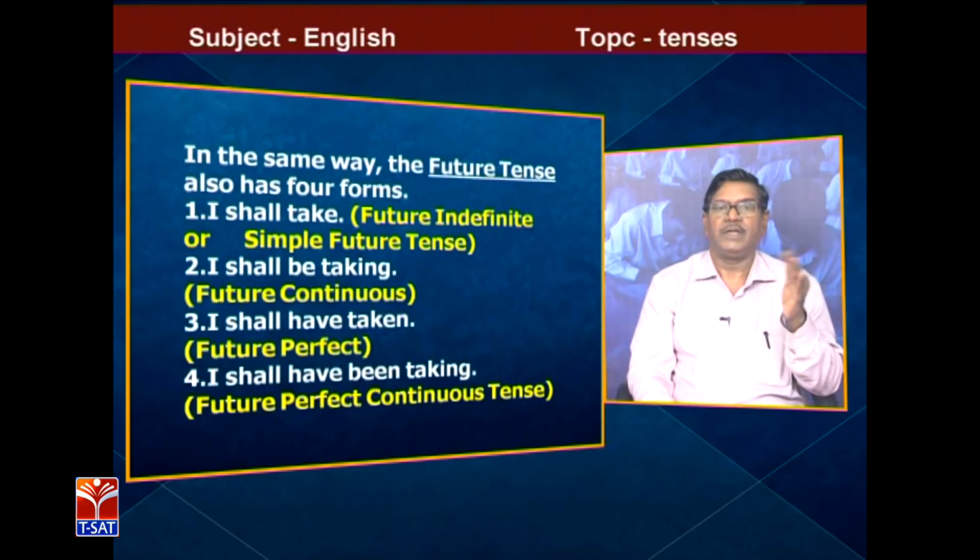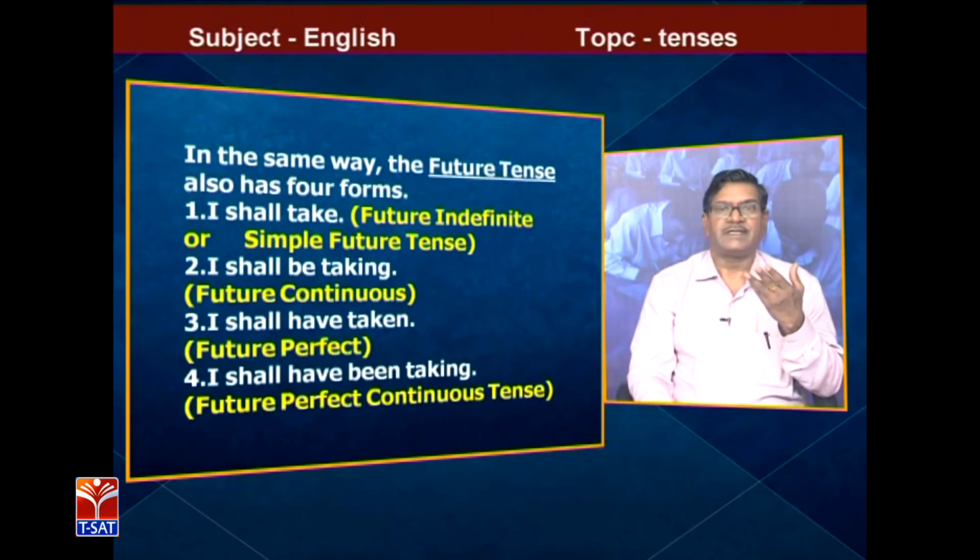I shall be taking, future continuous. Again, you will be taking, he will be taking, she will be taking, like that. For I and we, shall is the helping verb. And for all other things, you, second person, he, she, it, they, third person, we have to use will.